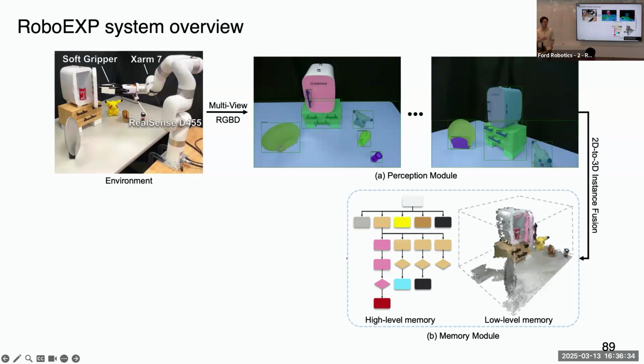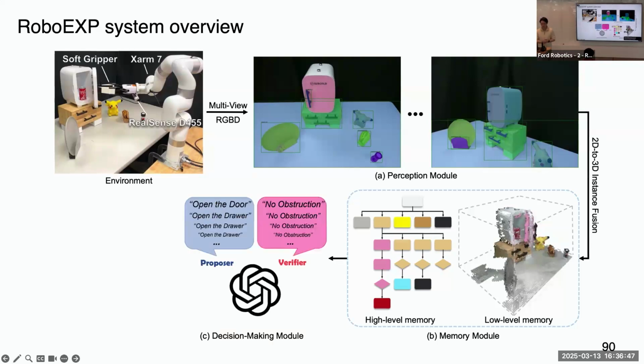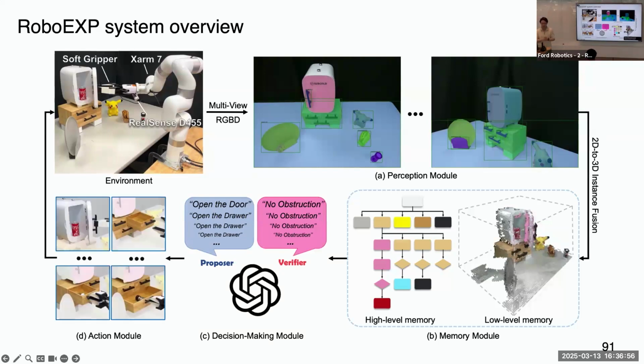This memory contains action conditions, like a high-level scene graph description of the environment, and also a low-level description of the geometry and semantics of this environment. Those are fed into the foundation model to ask what node can be further expanded, and if you want to expand that node, what the right action should be. And then we execute that action to close the perception, memory, and action loop.